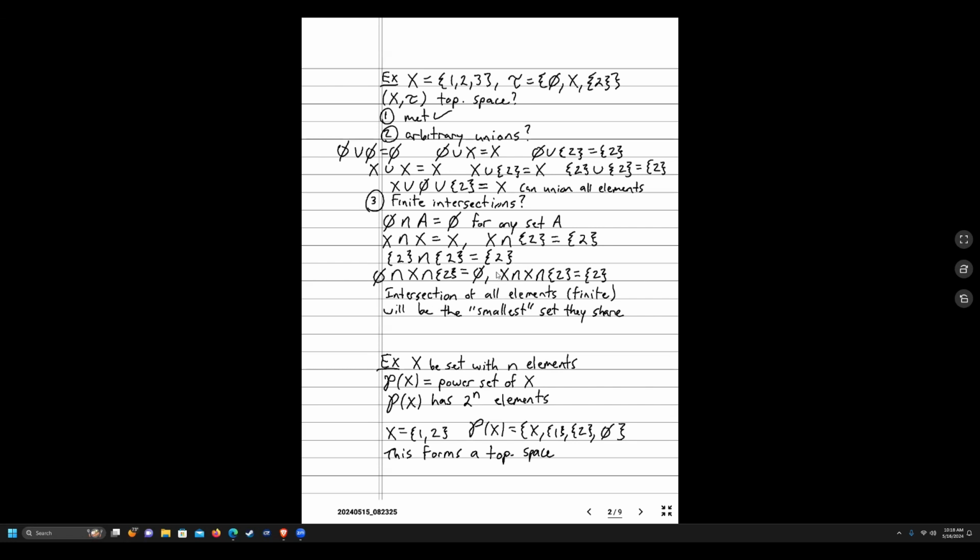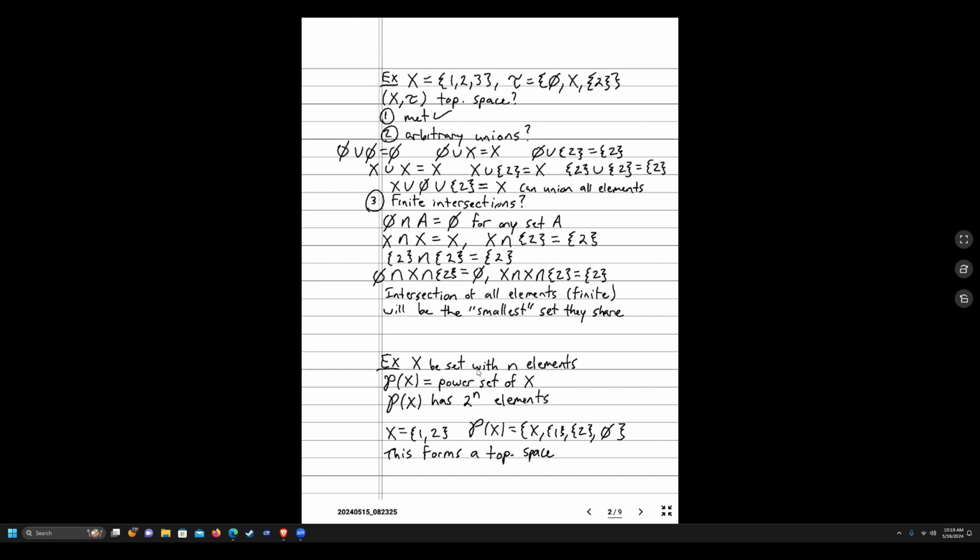So I might not have listed every single intersection, but the point is that if you intersect all the subsets, it will result in the "smallest" subset they share, whereas if you union all the subsets, the union is going to be, in quotes, the "biggest" subset they share. I hope that makes sense, I'm loosely using the words smallest and biggest. All right, so this is a topological space.